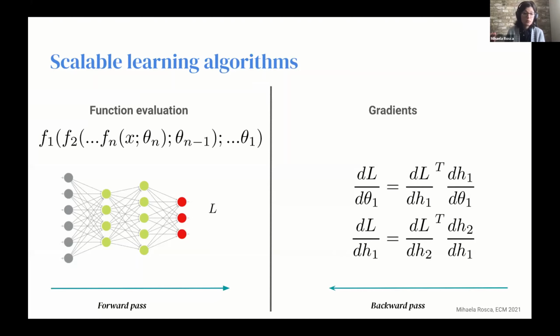So if we want to compute the gradients for each parameter, we go from the back: we compute the gradient for each activation from the back to the front, and then use that to compute the gradients with respect to parameters. This is what we plug into the gradient descent updates that I've shown below.